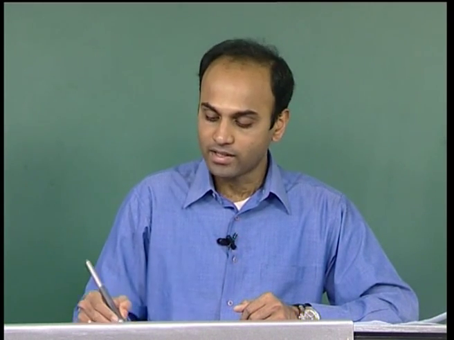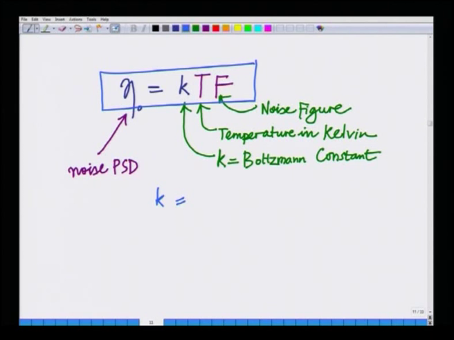This is the standard expression for the noise power spectral density eta naught. And K has a standard value, the Boltzmann constant, which is 1.38 into 10 power minus 23.